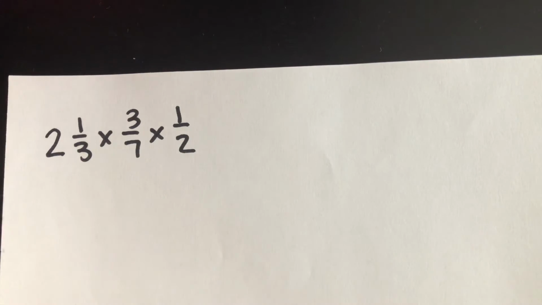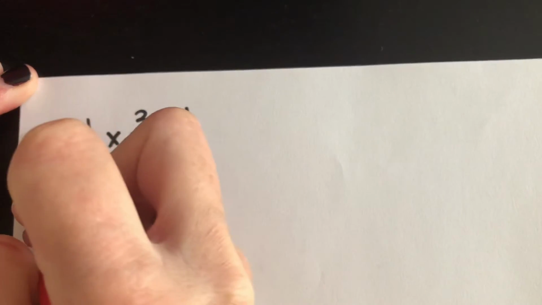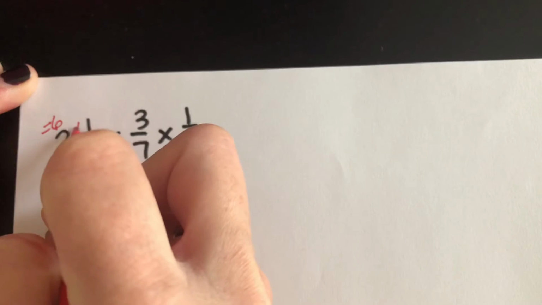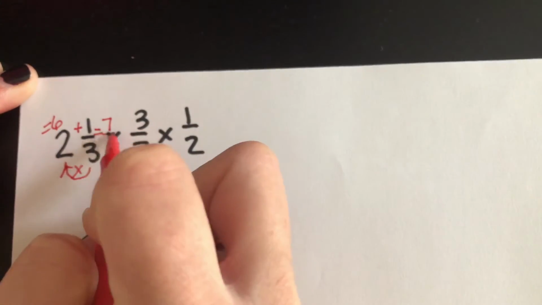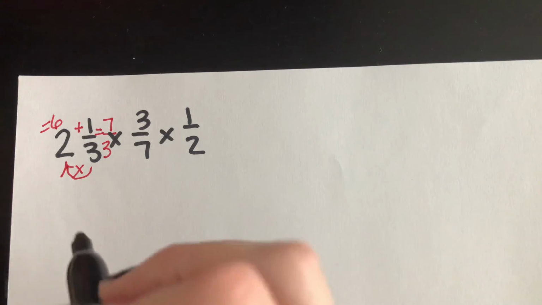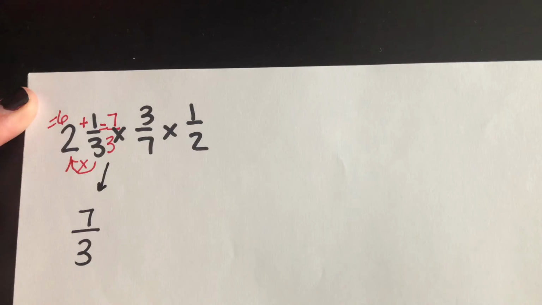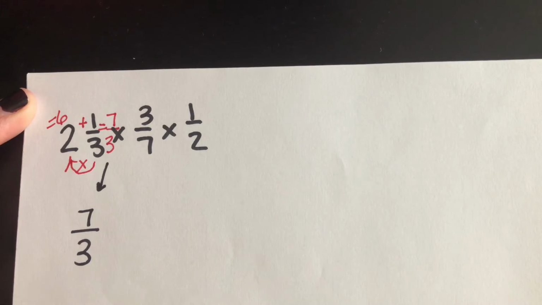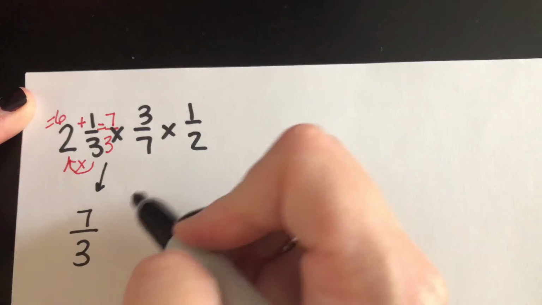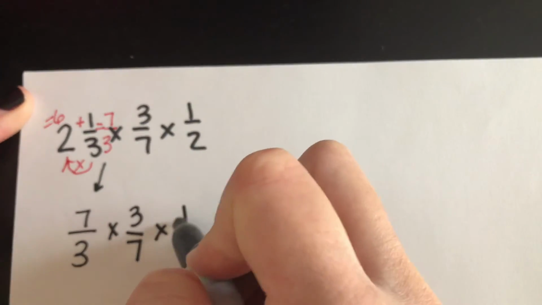This one is a mixed number, so I have to change it to an improper fraction. 3 times 2 equals 6, and 6 plus 1 equals 7. So 7/3. I'm just rewriting that down there. Now I'm going to rewrite the rest of my equation. 7/3 times 3/7 times 1/2.